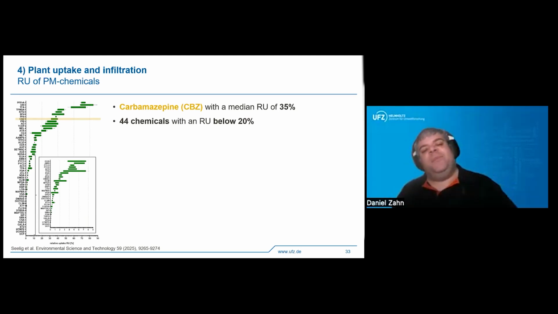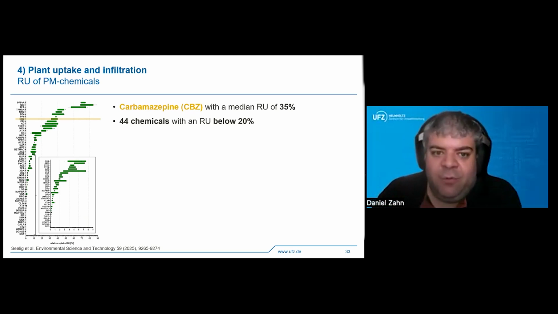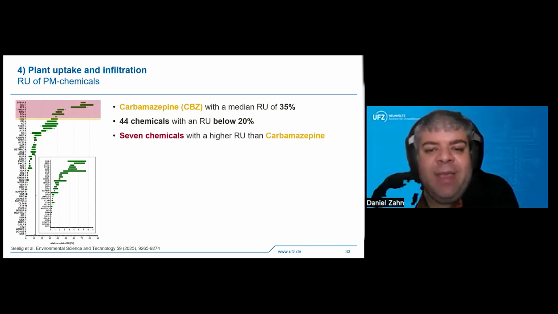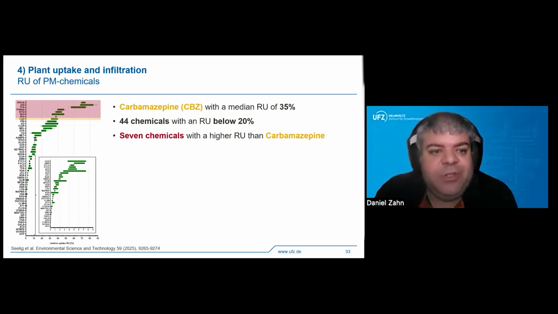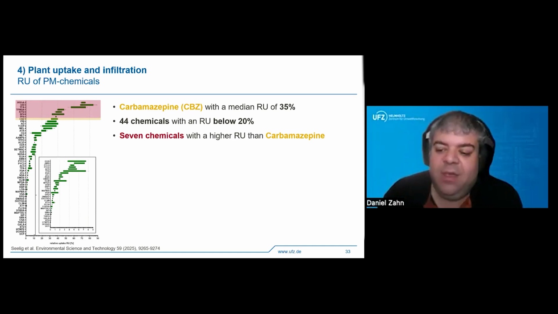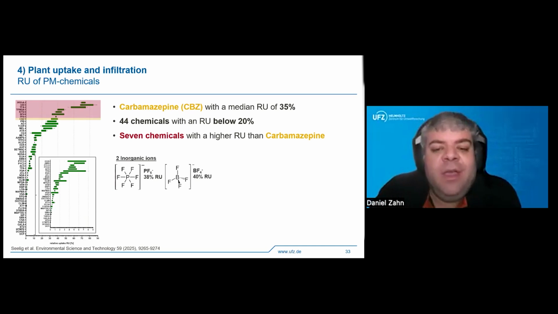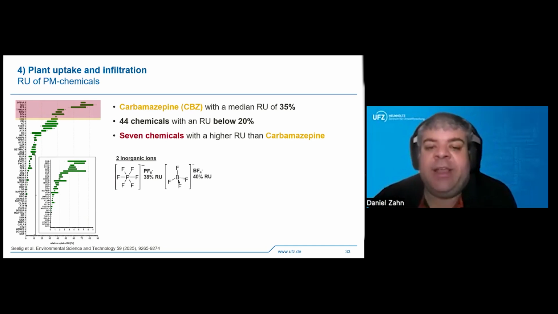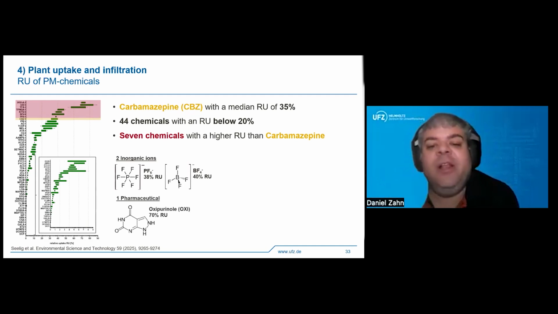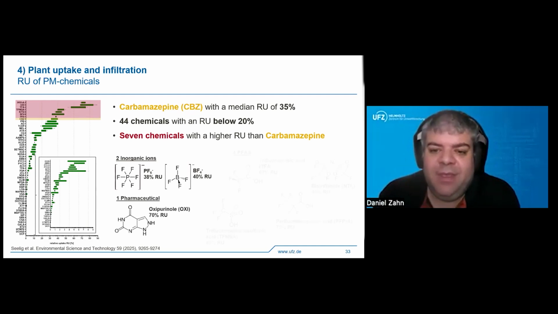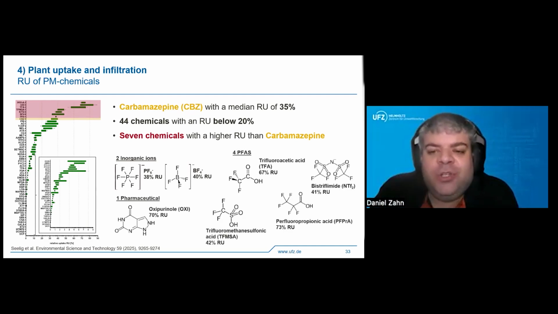So we again have the picture here that some chemicals show exceptional behavior. What was quite remarkable for me is that we have seven chemicals with a relative uptake higher than that of carbamazepine, which is usually the top end or near the top end in many studies. If we have a look at these chemicals, we again have our two inorganic anions popping up. We have one pharmaceutical with oxypurinol, and we have four short-chain PFAS.